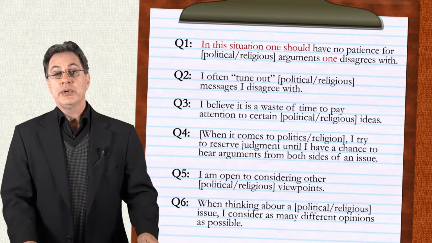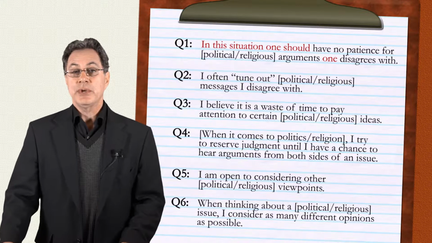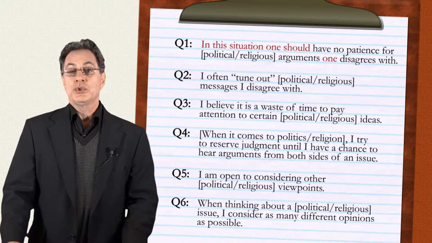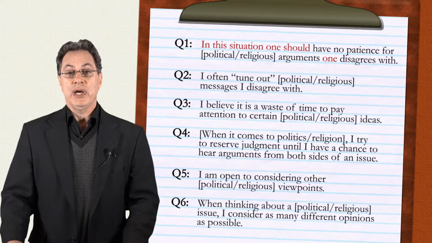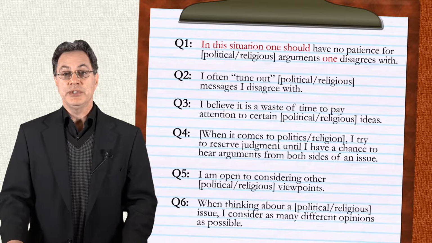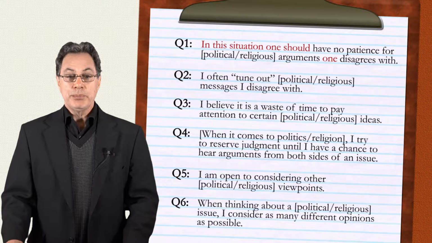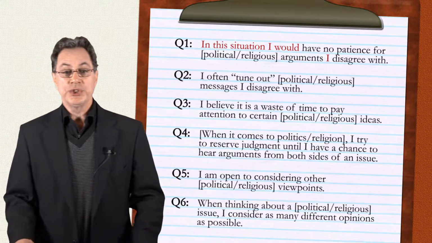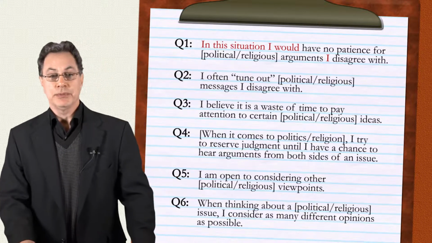We then also created the situation-specific measure of open-minded cognition itself, the extent to which one personally would be open-minded in a particular situation that is presented to the individual. Here, we simply put in the phrase "I would," where you previously saw the phrase "one should" in the prior measure.